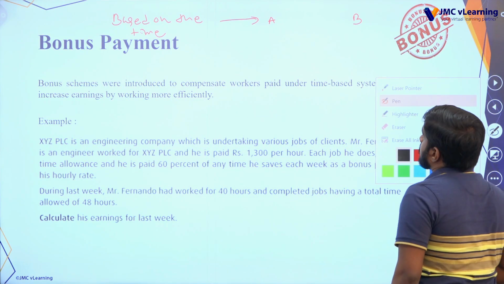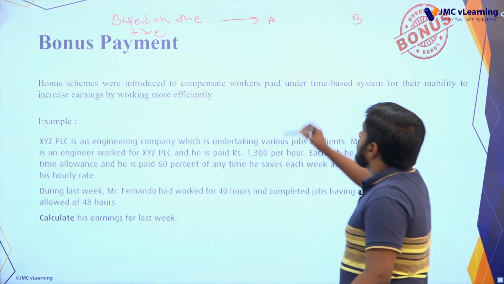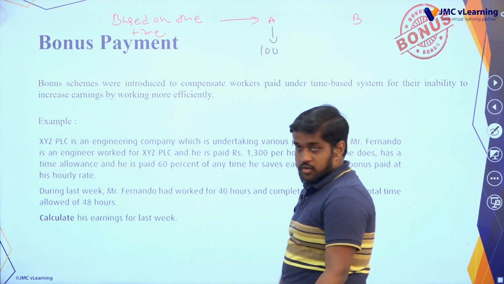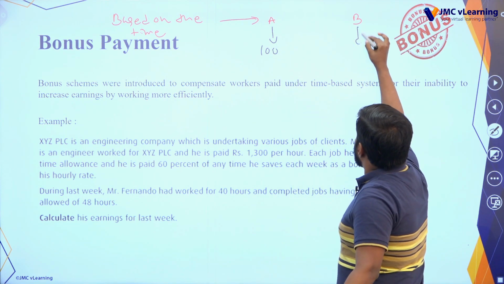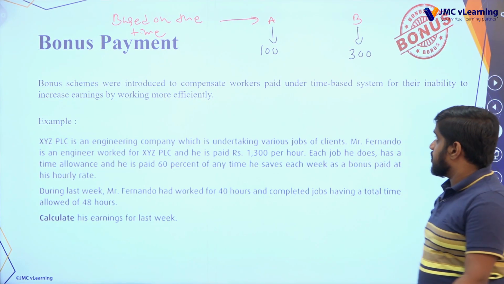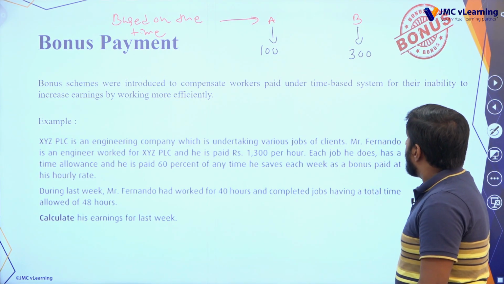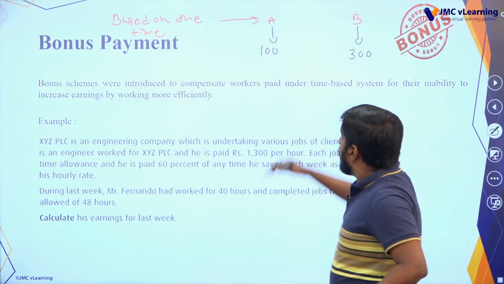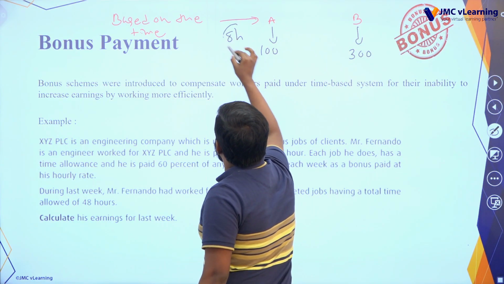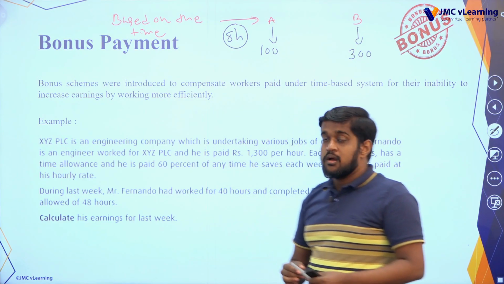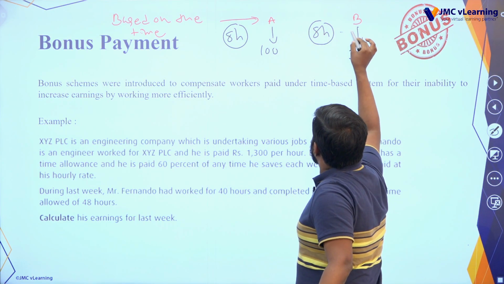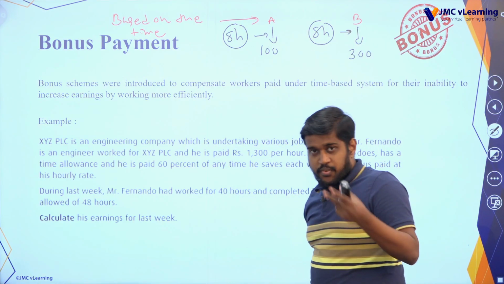Let's assume one day A produces 100 units and B produces 300 units. Then A spent 8 hours for this production purpose, and B also spent 8 hours for this production process.